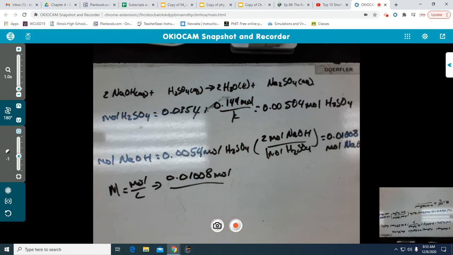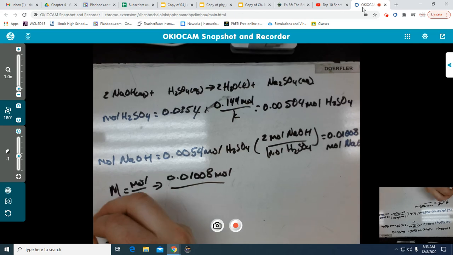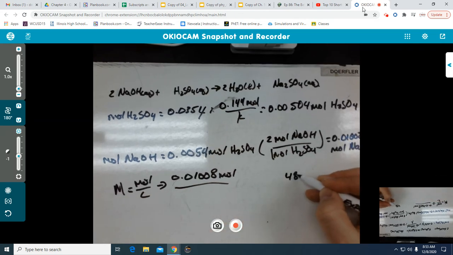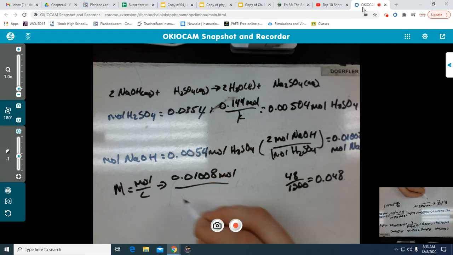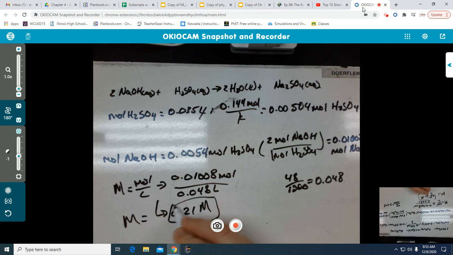And we were told in the problem that we used 48.0 milliliters to neutralize it. So again, 48 divided by 1,000, we get 0.048 liters. So our molarity should be 0.21 molar.